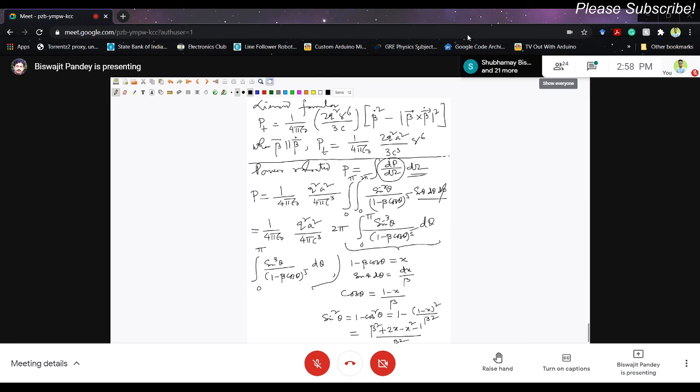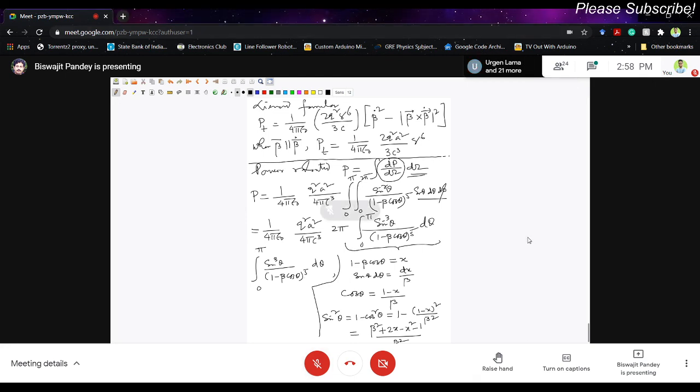So let us substitute this here in order to simplify this further. We write sine cube theta as sine square theta and sine theta dθ. Sine theta dθ is dx by beta. Sine square theta we already obtained, right? And 1 minus beta cos theta we have already assumed to be x. So let us put all of them here.